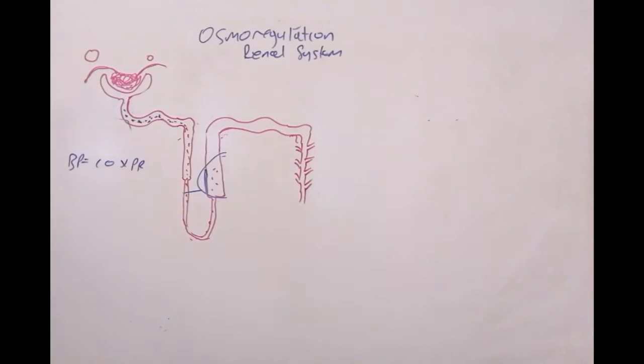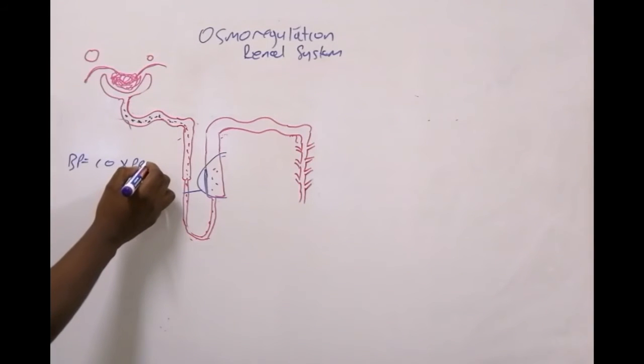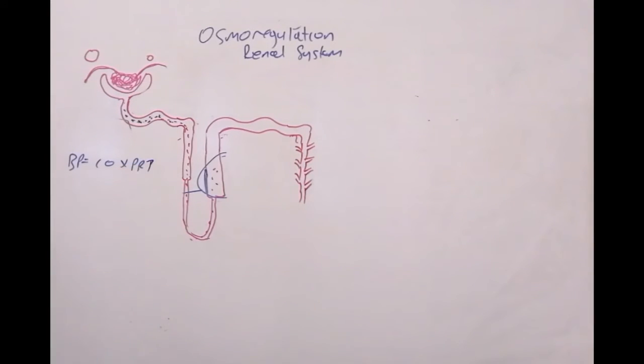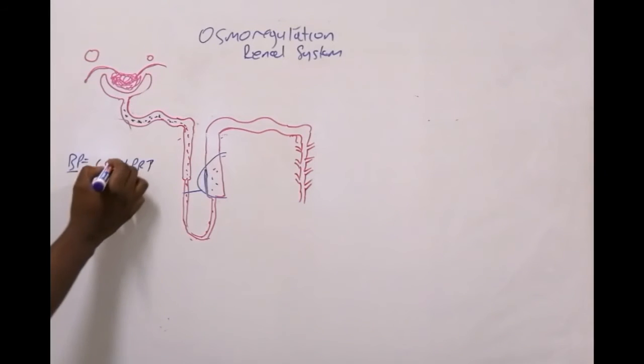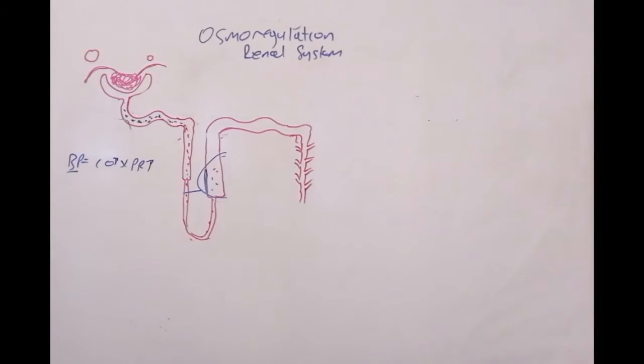So mathematically, once you get an increase in your peripheral resistance, your blood pressure will also increase because of this formula. Or if you increase your cardiac output, your blood pressure will also increase. And if you decrease cardiac output, your BP will decrease. If you decrease your PR, which is peripheral resistance, your blood pressure will also decrease.